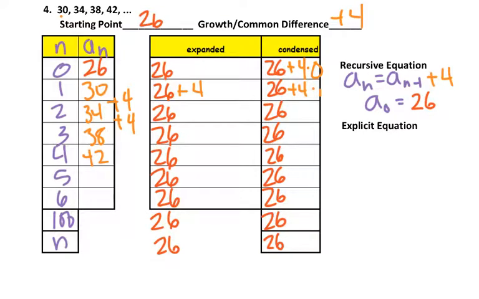Okay, actually, I'm going to do these in purple. To get to my second term of 34, we add 4 twice, or 8, right? Which is 4 times 2. Okay, then to get to 38, we add 4 3 times, don't we? Or we times by 3.